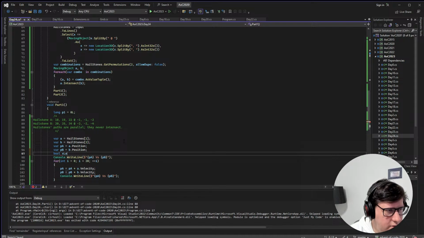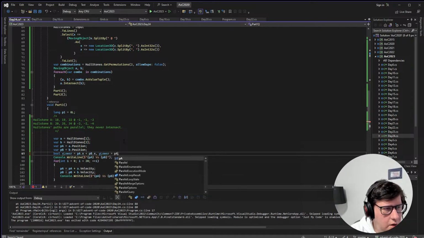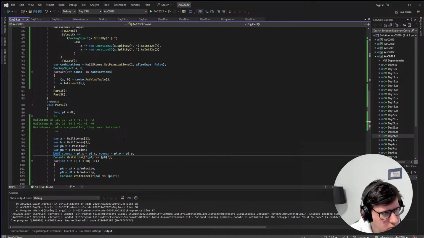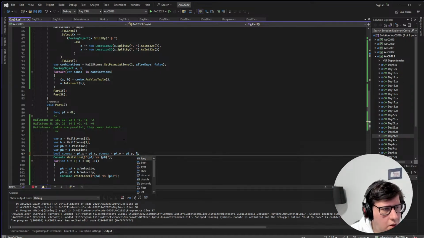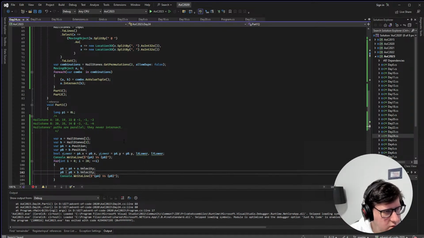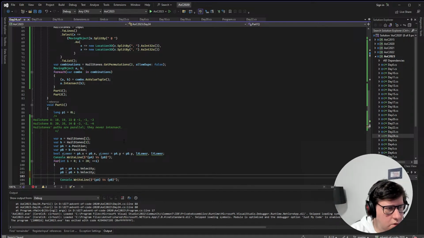Bool x lower, y lower. We do is PA dot x smaller than PB dot x. PA dot y is smaller than PB dot y. Okay. This, so we can do like this, okay, and then we do somewhat similar to this.